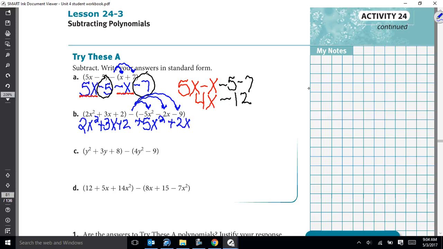And we distribute our negative to our negative 9, so that becomes positive 9. Alright, so we've distributed our negative sign, that's step number 1. Now what's our second step? Combine like terms.